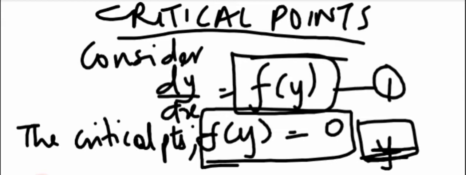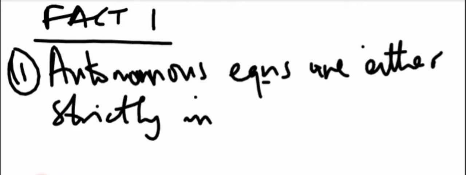So let's move to facts that we need to know before we can sketch any autonomous differential equation. This will help you at every point. Fact 1: any autonomous equation is either strictly increasing or strictly decreasing. So you check your dy by dx, the f of y at the other side, at some point.